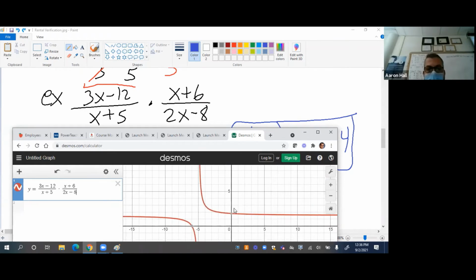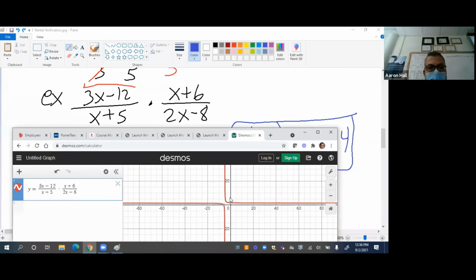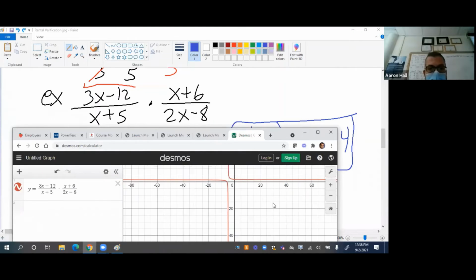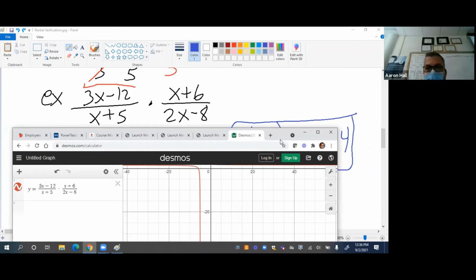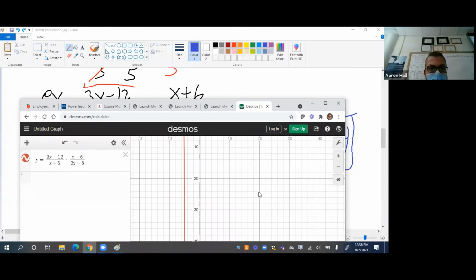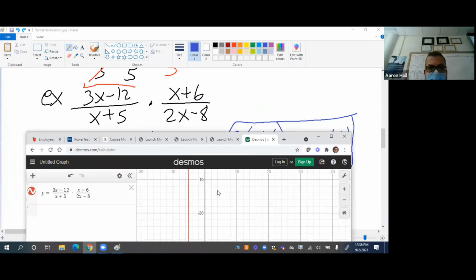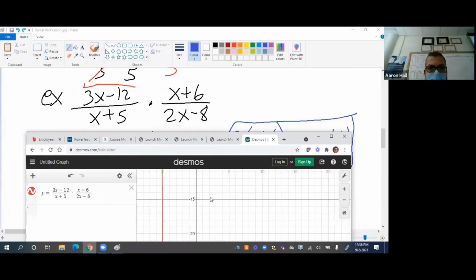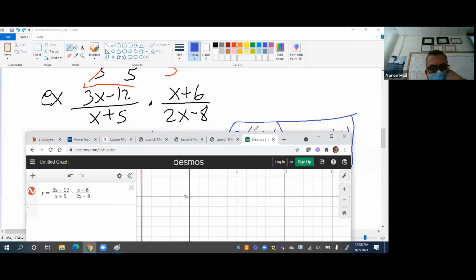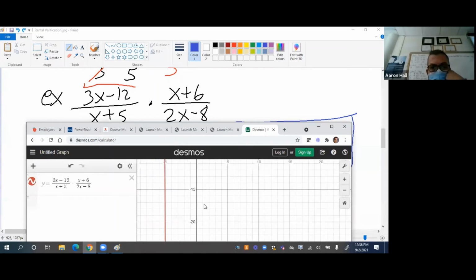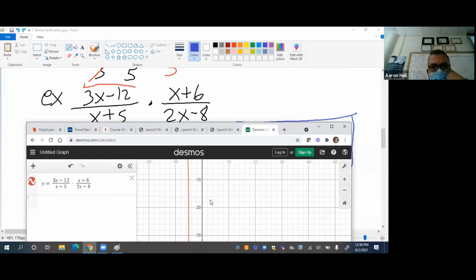So we have this graph here. And then, this is our graph right here.